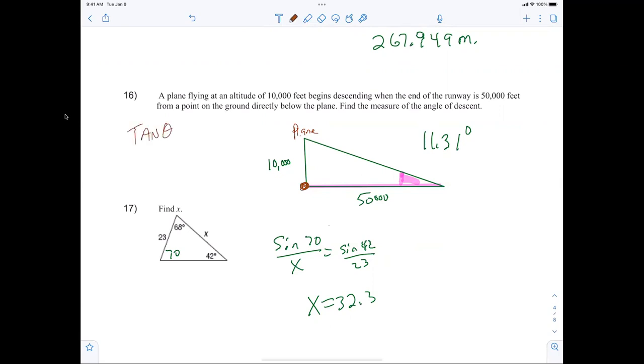Tangent of theta is equal to 10,000 over 50,000. So you should have been able to just say, well, that's just 1/5, and do inverse tangent of 1/5. Theta is equal to inverse tangent of 1/5.